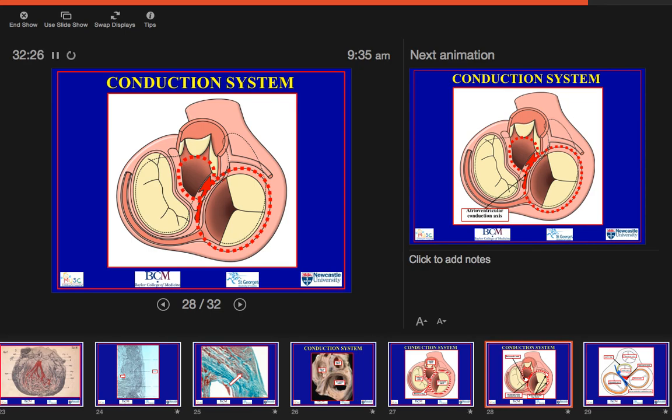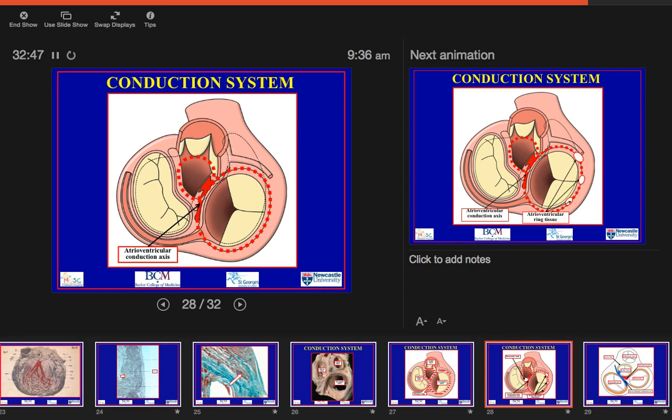But we now know that remnants of the ring can exist anywhere within the pathway that the initial ring took during its embryologic development, and usually the ventricular part disappears. The atrial part can persist as those remnants that I showed you.